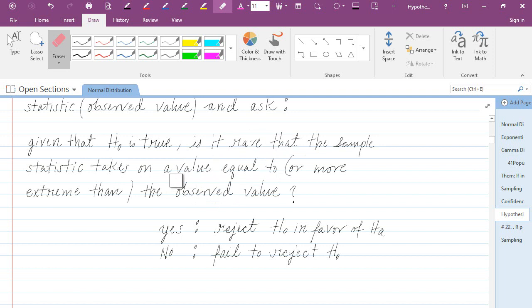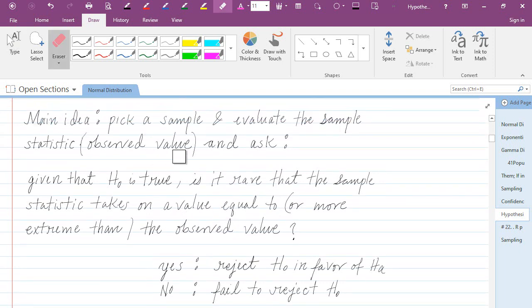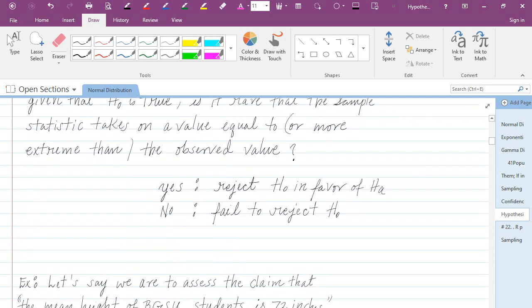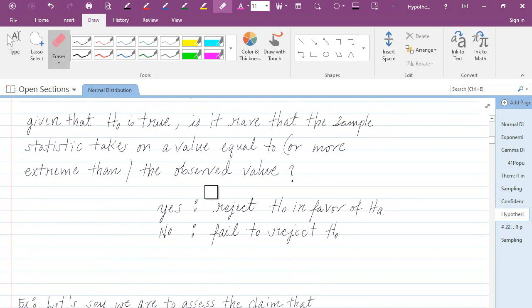The event here we're looking at is the event of observing the sample statistic that we observed, or something more extreme than that. And so whether it's rare or not is going to be given by its probability. Once we have a way to quantify the rareness of the event, then we can answer these questions easily.